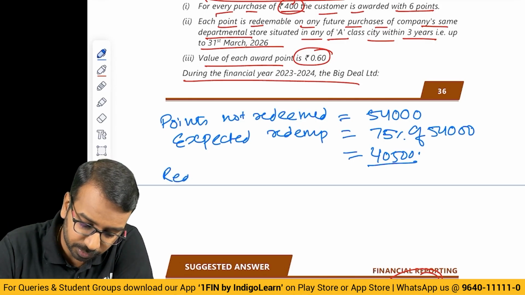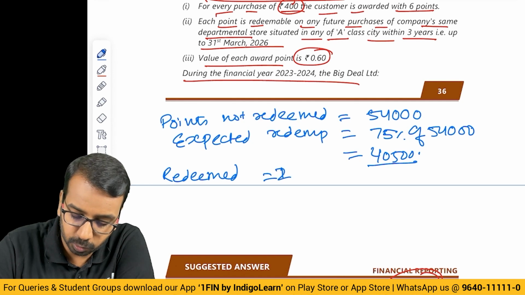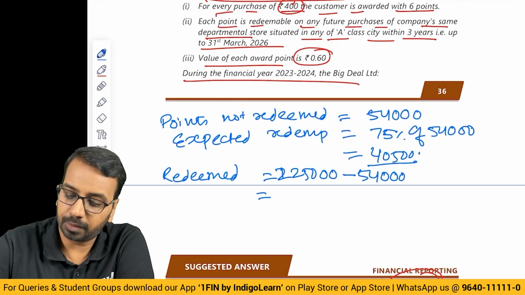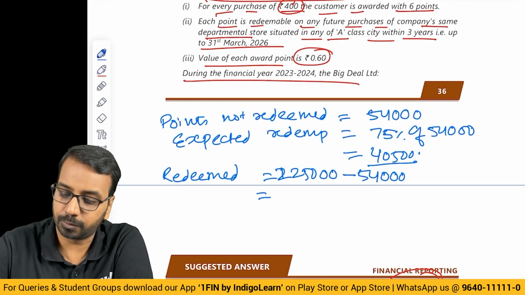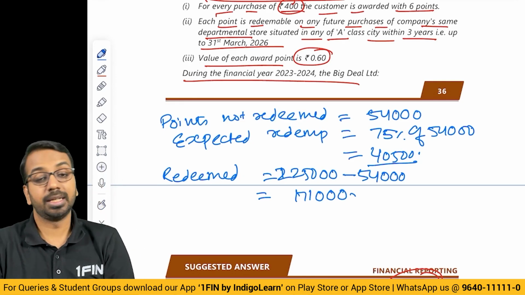How much is redeemed? We have given 2,25,000 points minus 54,000 unredeemed, so 225,000 minus 54,000 is 1,71,000.